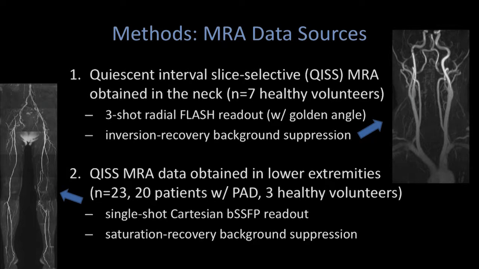And our second data set was lower extremity KISS MRA data, which was obtained in 23 subjects, 20 of which were patients with peripheral arterial disease. And this was done with a single-shot Cartesian balanced SSFP readout, so it differed in acquisition trajectory and also readout, and with a different background suppression scheme.